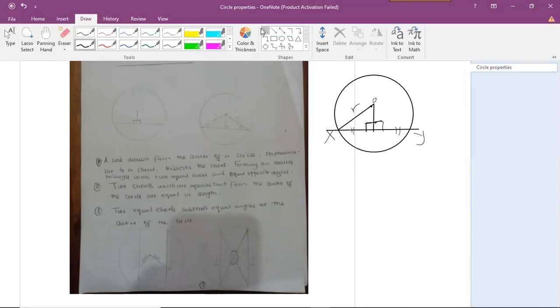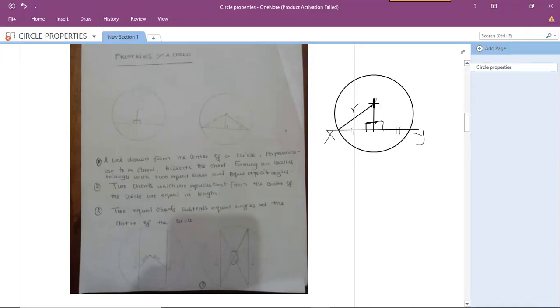If we draw another line from the center going there, that's another radius, meaning the distance from there to there is the same as there to there.